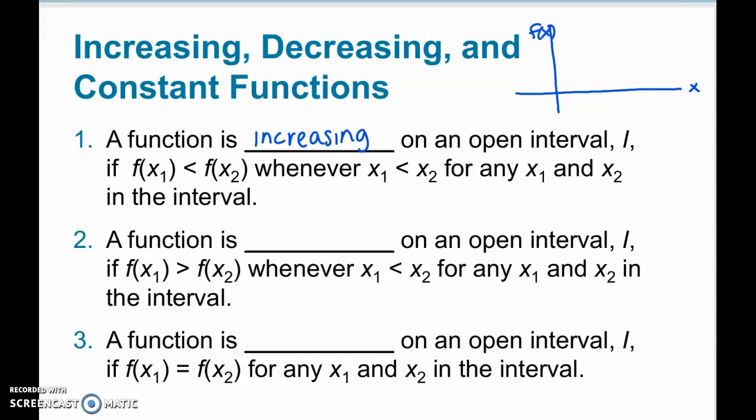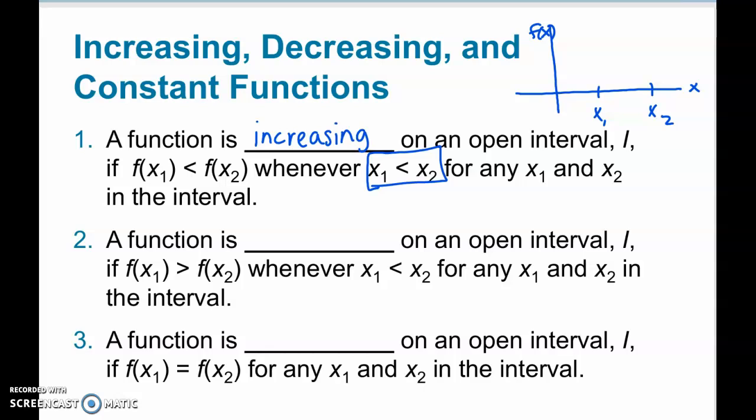So let's figure out what they're saying here. I have 2 points. I have x1, x2. And it says that x1 is less than x2. Well, that means that x1 has to be to the left of x2 on the number line. In order for a number to be less than, it has to be to the left of the other one on the number line. So this is our setup so far.